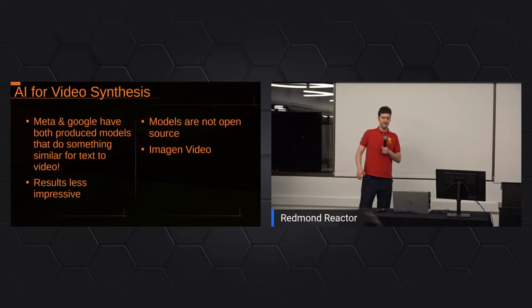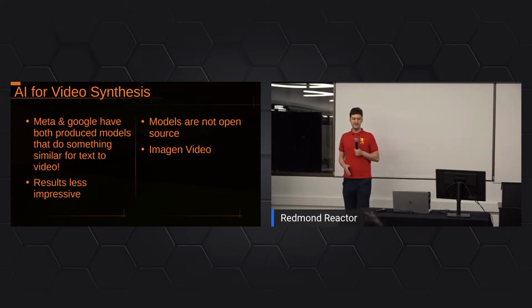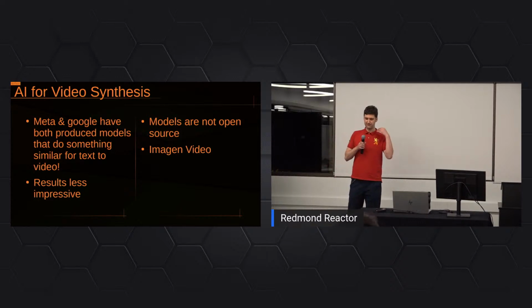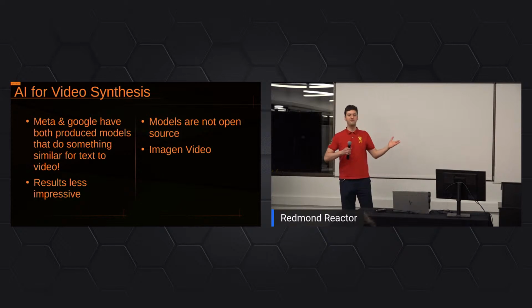So AI for video synthesis. Meta and Google have both produced models that do something similar to Stable Diffusion for video as opposed to text, but the results are not as impressive as Stable Diffusion for many people yet. With video, obviously, the human eye is primed on video, essentially.